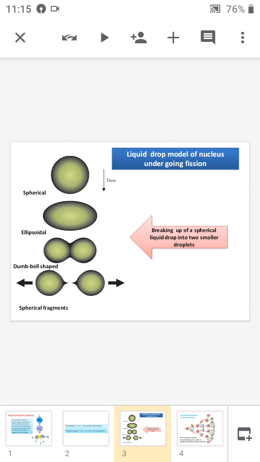That's why it is readily deformed and split into small nuclei, and the shape of the small nuclei is spherical. So this is the reaction which occurs in nuclear fission, and it is very similar to the breakdown of a spherical liquid drop into smaller droplets. So this is the liquid drop model of a nuclear fission reaction. It is a very important and frequently asked university question.